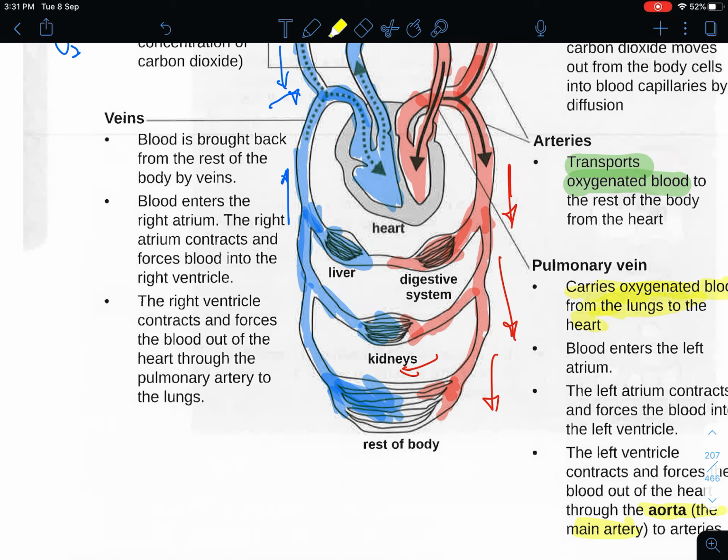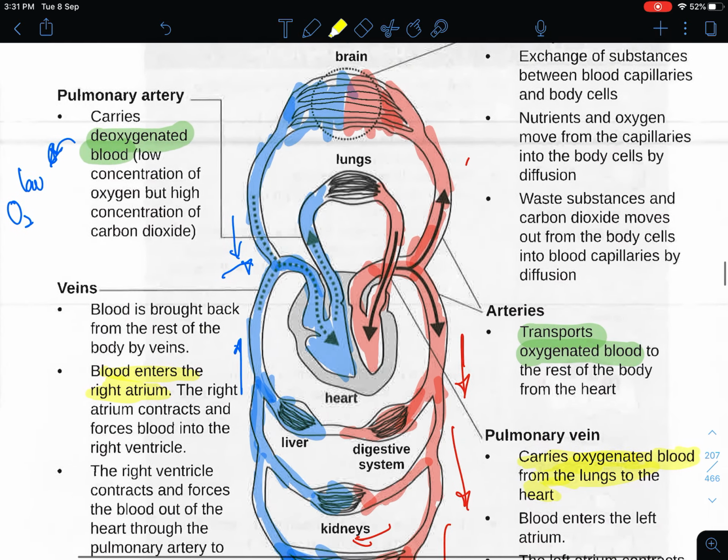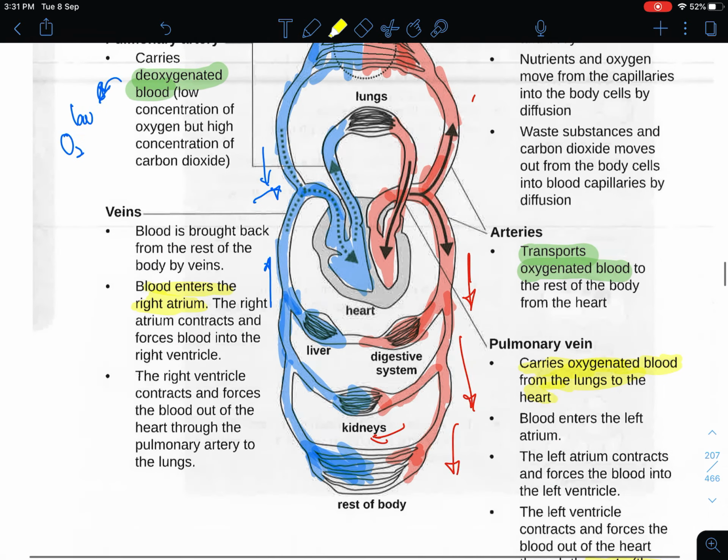So for the veins, blood is being brought back to the heart by the veins, and then the blood will enter the right atrium. Generally what happens is, first of all, blood will enter into the right atrium, and after that, the right atrium will contract. This will then push blood to the right ventricle and force the opening of your tricuspid valve.